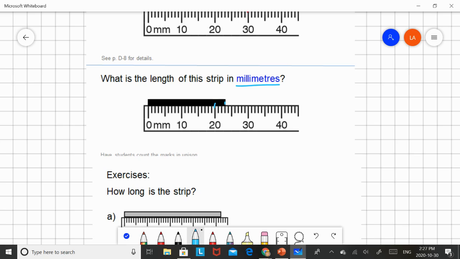So that is 23 millimeters. The mm is what you would put behind your measurement, just to show that you're doing it in millimeters and not centimeters.